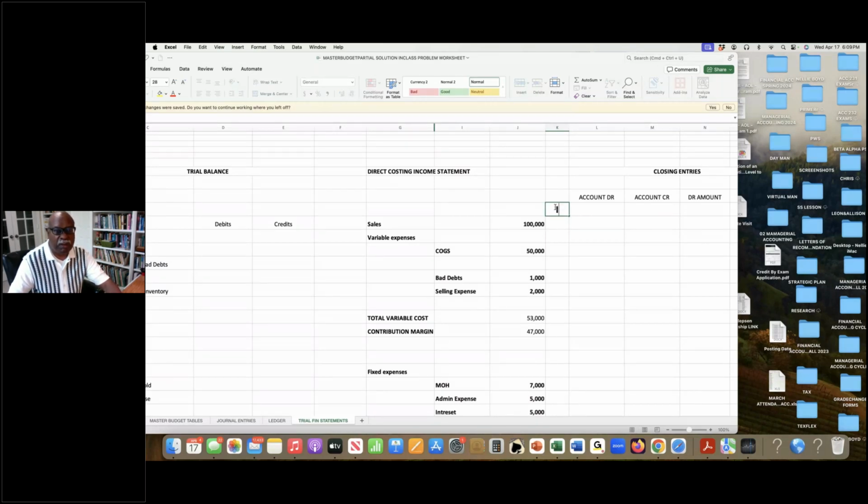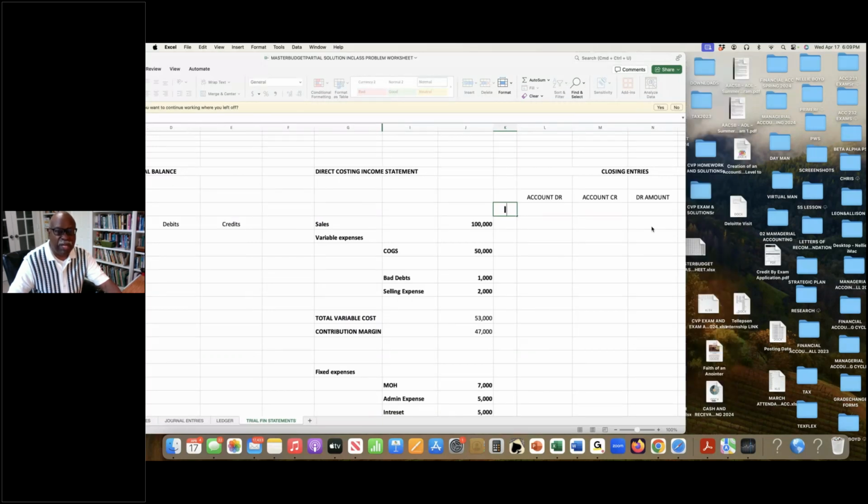So we are going to debit sales, and we're going to credit income summary.